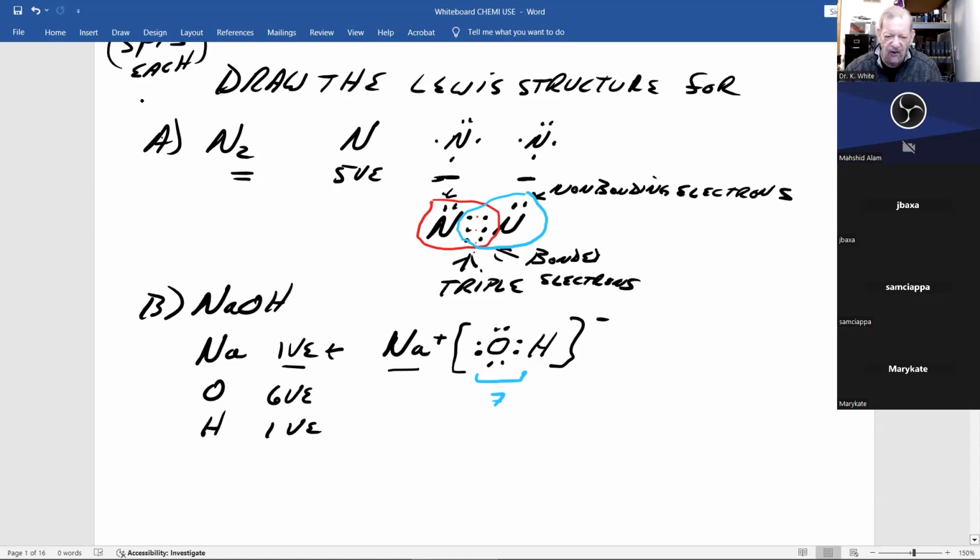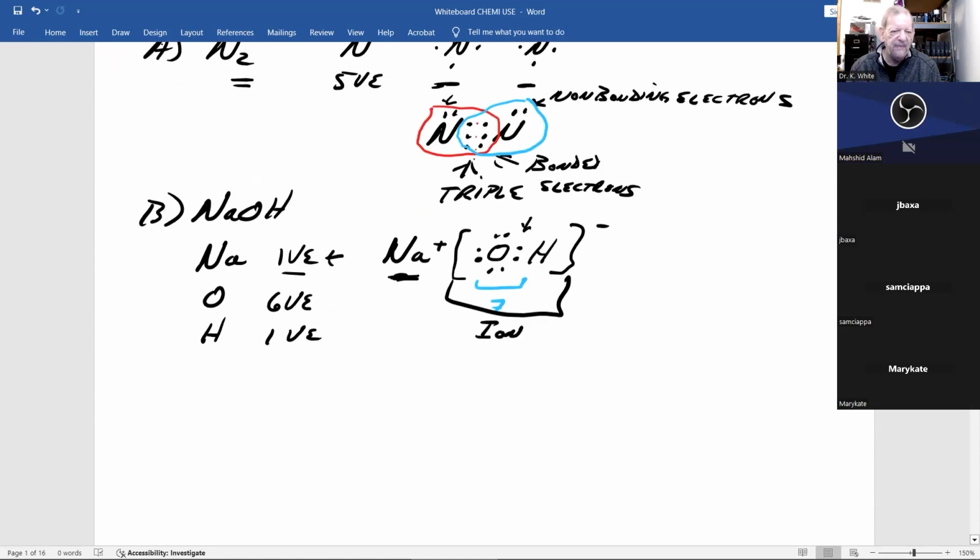So between sodium and the hydroxide ion, there's an ionic bond. Between oxygen and hydrogen, there's a covalent bond, a single bond. So there are 2 different types of bonds in sodium hydroxide, both ionic and covalent.